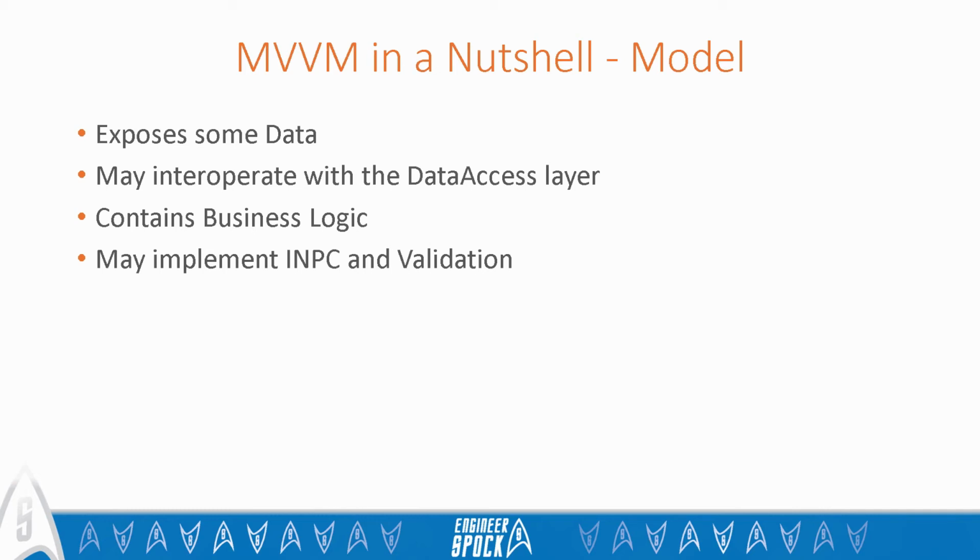We will touch the problem of implementing INotifyPropertyChanged and synchronizing data between model and view model later in this course. A model can implement validation by implementing the INotifyDataErrorInfo interface. There are other options of implementing validation, but the preferable way is to implement INotifyDataErrorInfo. Great! Let's talk a little bit about the services in MVVM.